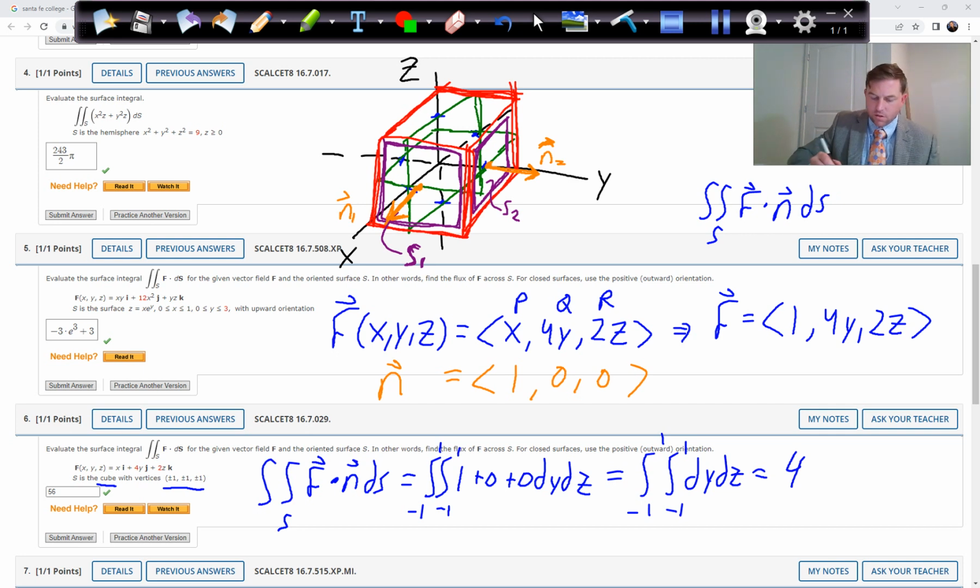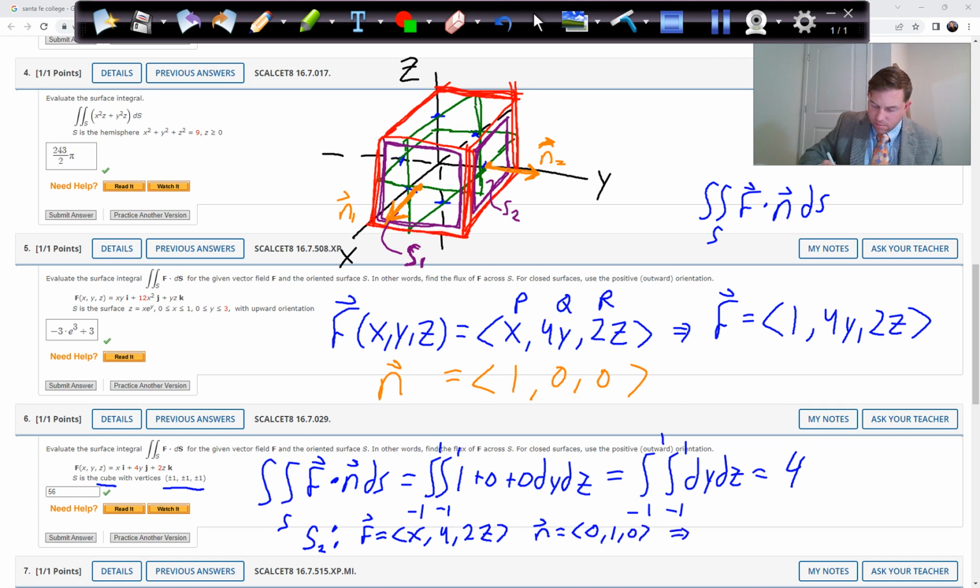Okay, so in surface 2, the field vector is going to be equal to x, partial derivative of 4y is 4, 2z left alone, and then the normal vector is going to be 0, 1, 0.